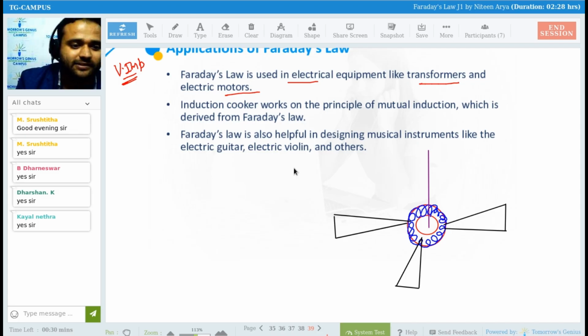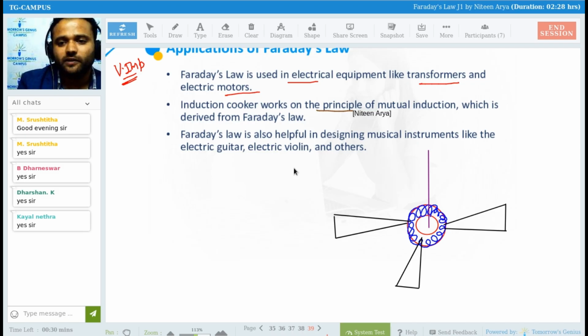For fan I'm telling, not ball bearing. Ball bearing is also used in between, but the main concept is this one particular thing: a circular thing rotating and having so many numbers of copper wires in this way. So this is a transformer in general.